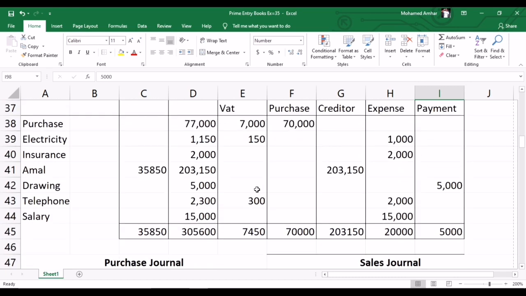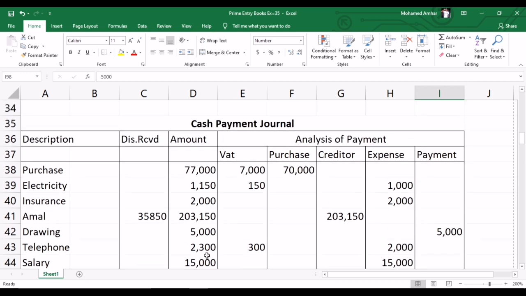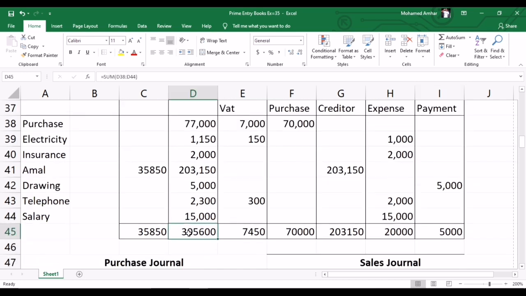The total of the cash payment journal is credited to the cash control account, and for that credit of 305,600, these amounts are debited to ledgers.